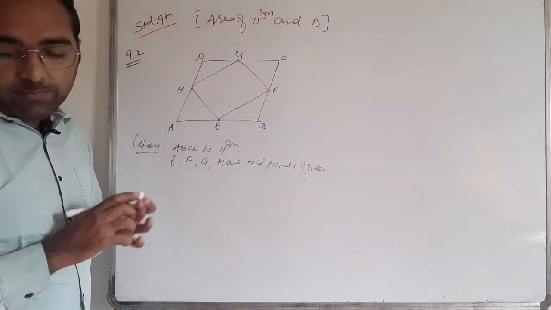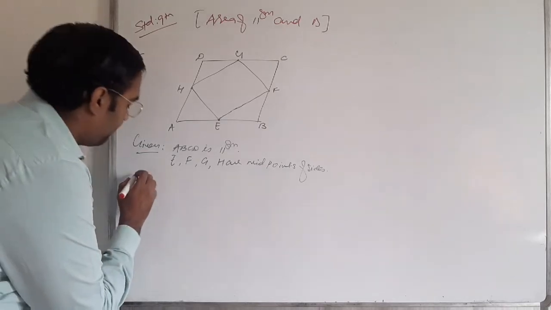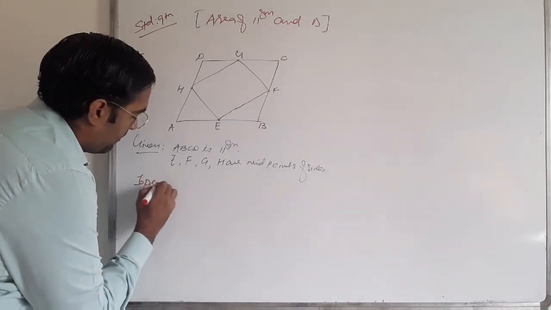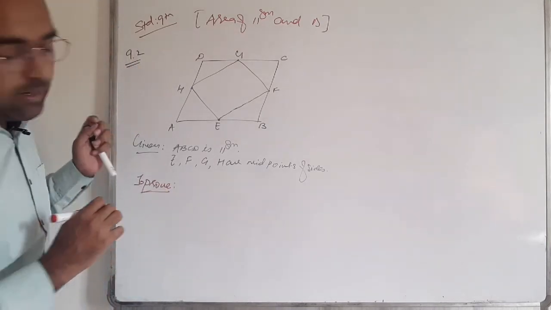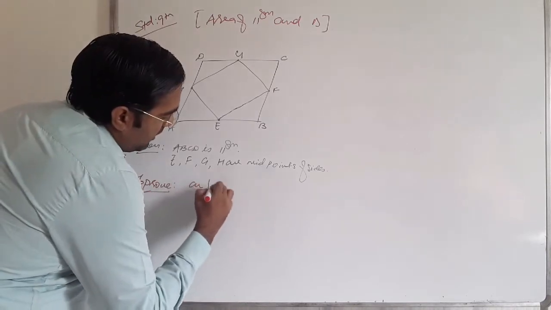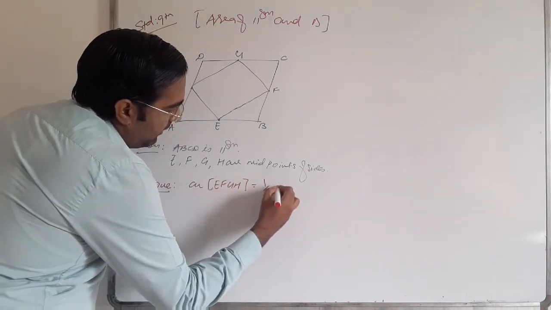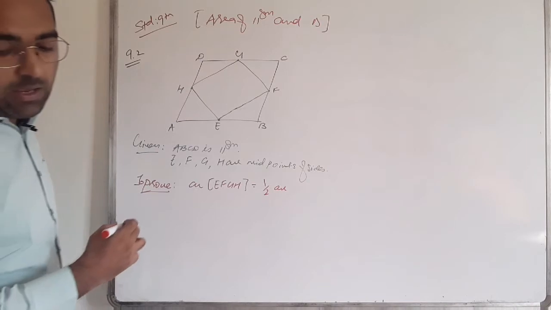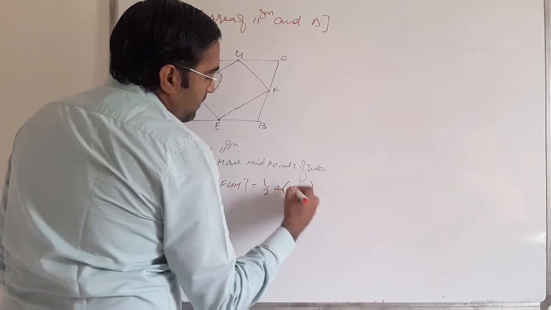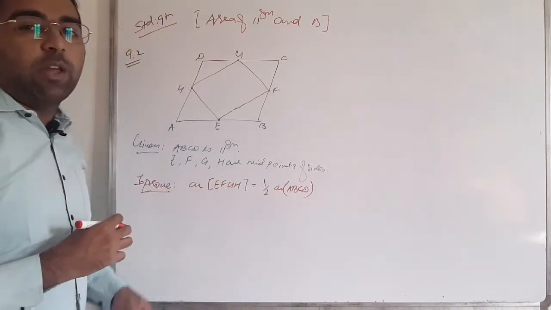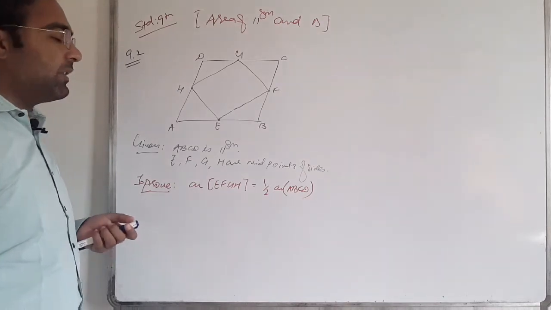Now we have to prove that area of EFGH is equal to half of area of ABCD. Clear? We need to prove that area of EFGH is equal to half of area of ABCD.